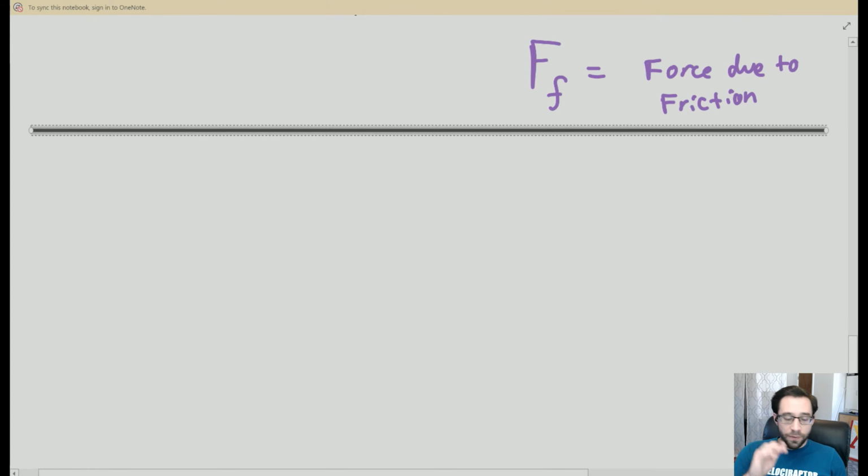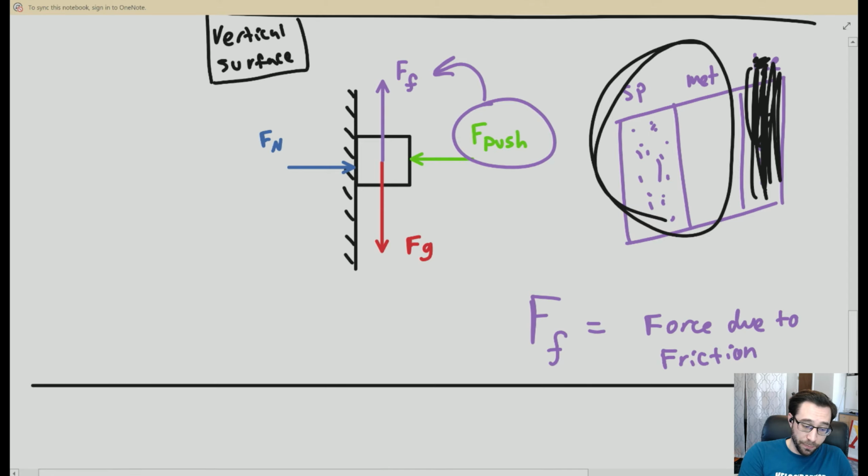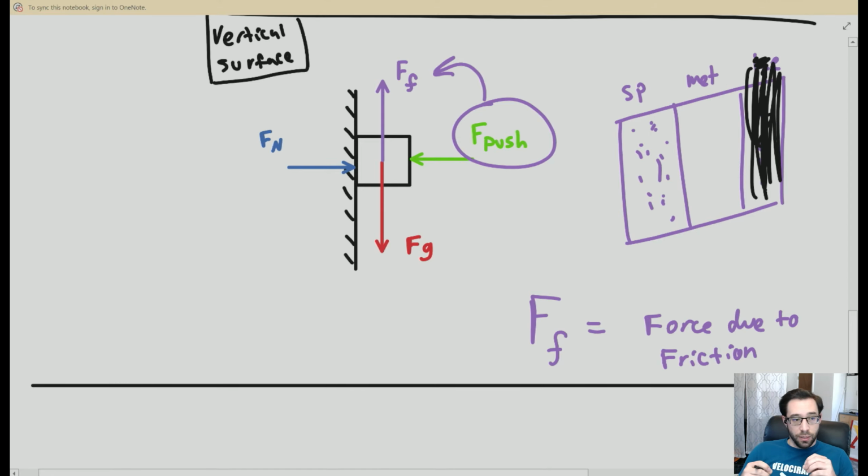The difference between the metal surface and the sandpaper was the type of material it was. Would y'all agree with that? It's two different materials, and they both have different levels of frictioniness. Make sense? One is more frictiony, one is less frictiony. I know that's not a real word, but whatever.